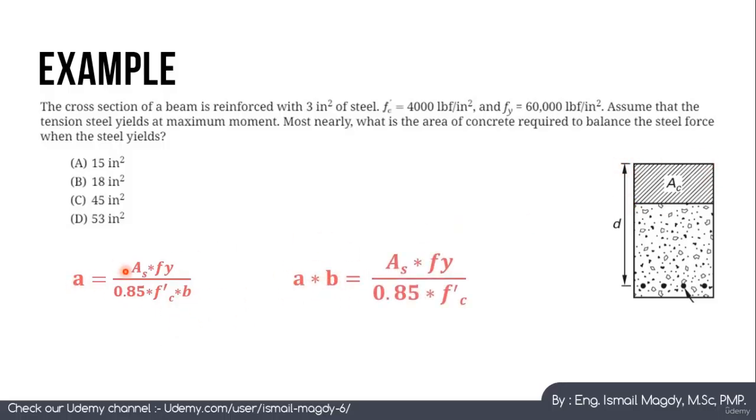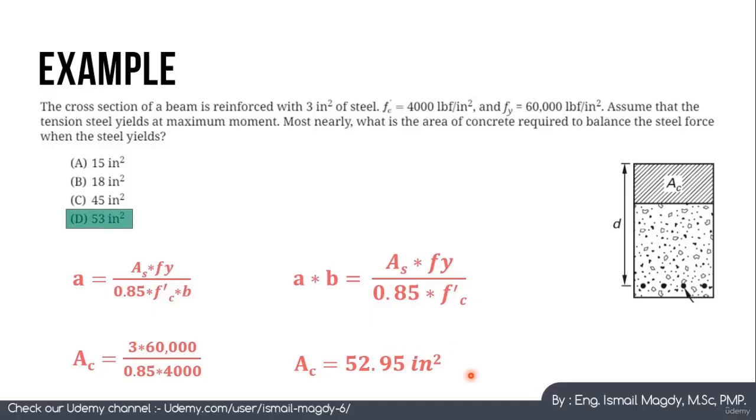So a multiplied by b equals As multiplied by fy over 0.85 multiplied by fc', which equals 3 multiplied by 60,000 over 0.85 multiplied by 4,000, which is going to equal 52.95 square inches. So the answer is D, which is 53 square inches. This is the closest answer.